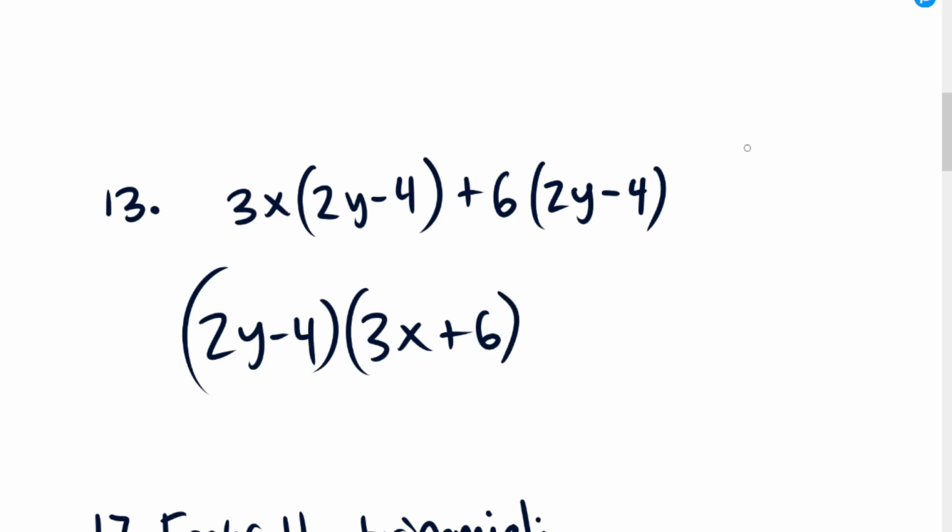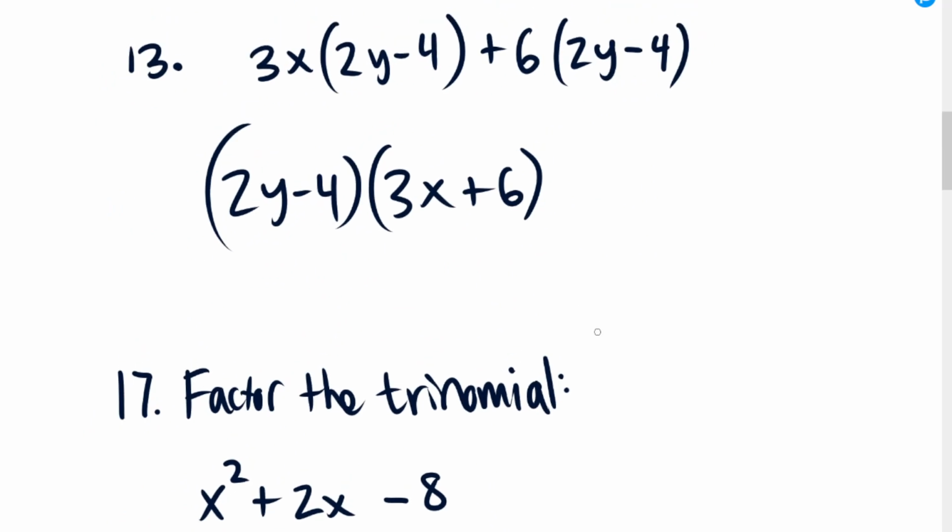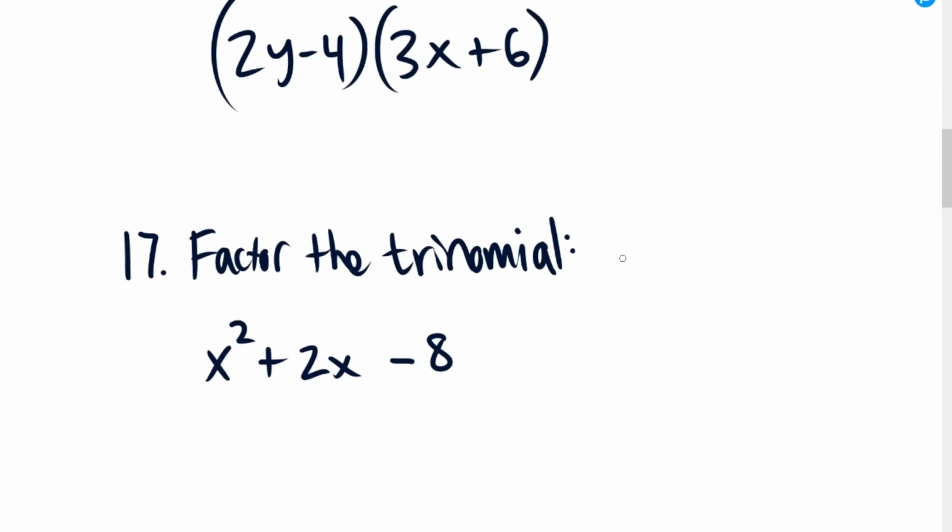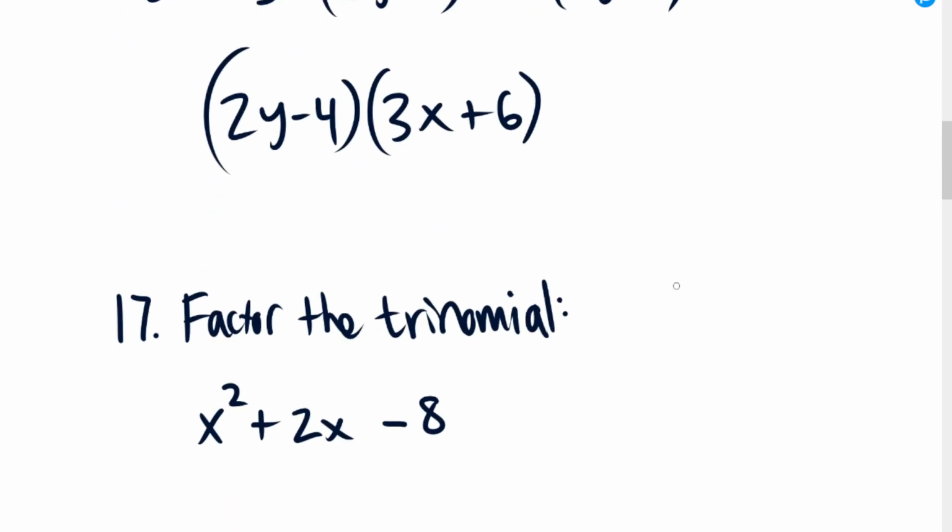What makes it easier for me to remember is we're going to snatch these up and then put them on the outside. They need to be separated by a plus sign though. So we have these two in common, so it can be dropped here, and then these two in common, so it can be put in here, whatever's left over. So basically, you just take out whatever's common.